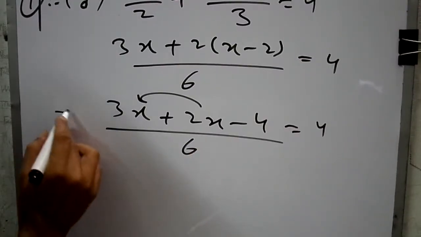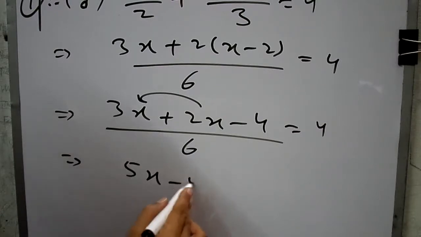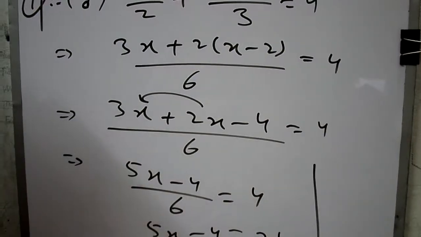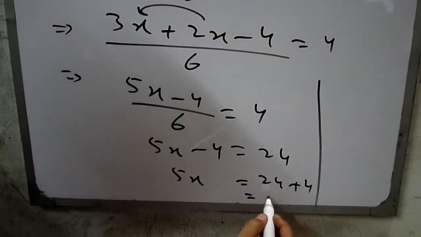So you will get 5x divided by 6 is equal to 4. By using cross multiplication, you will get 5x minus 4. What you need is the value of x, so 24 plus 4, you will get that is 28.